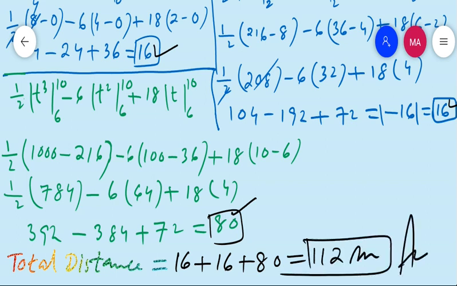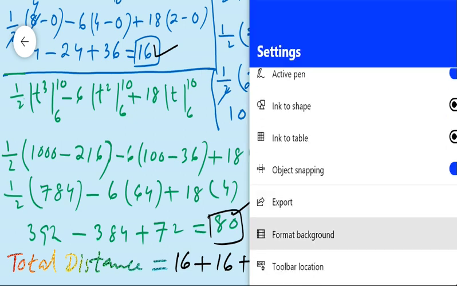This is the total distance from 0 to 10, or you may say the first 10 seconds. So very important question, question number 8, and very easy. And this question can come in your exam. Now move to question number 9. But this question is a little bit lengthy.